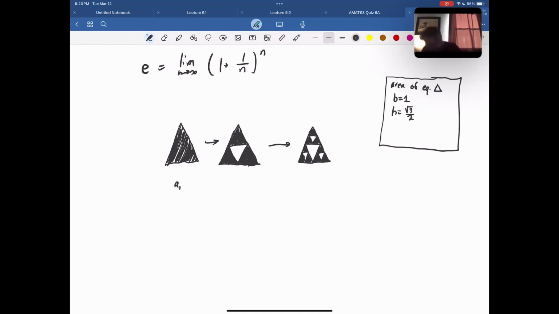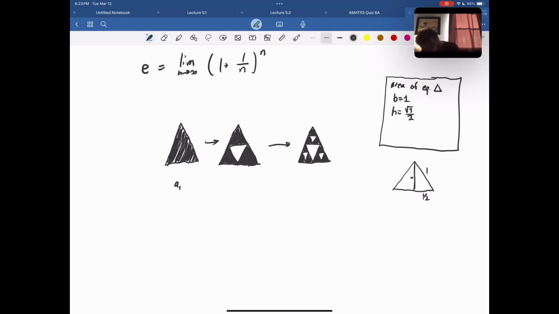And we can figure that, since each edge is the same, if we divide this in half, we have the hypotenuse on the right side having length 1, the base of this half triangle having length 1/2, then we can use the Pythagorean identity to get the height of this thing, which is right here.